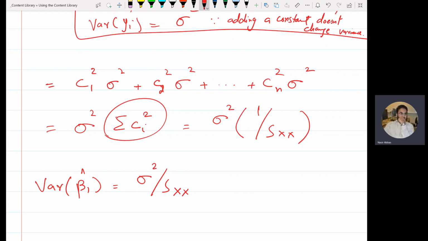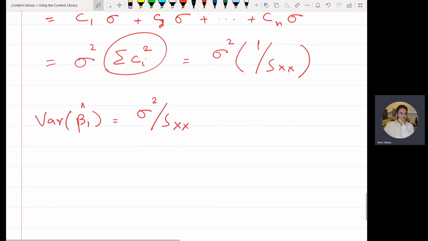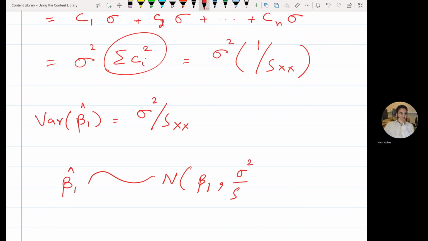This completes the distribution of beta 1 hat. Symbolically, I can write beta 1 hat is distributed as normal with mean beta 1 and variance sigma square over sxx.